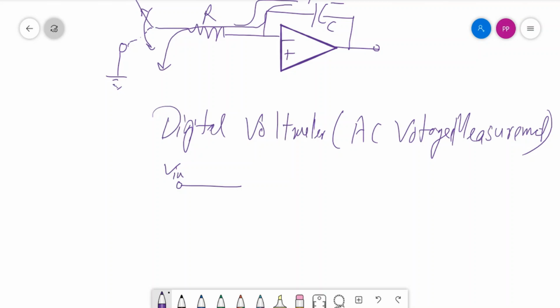Here we are using a phase compensated attenuator. Let us place the phase compensated attenuator over here.